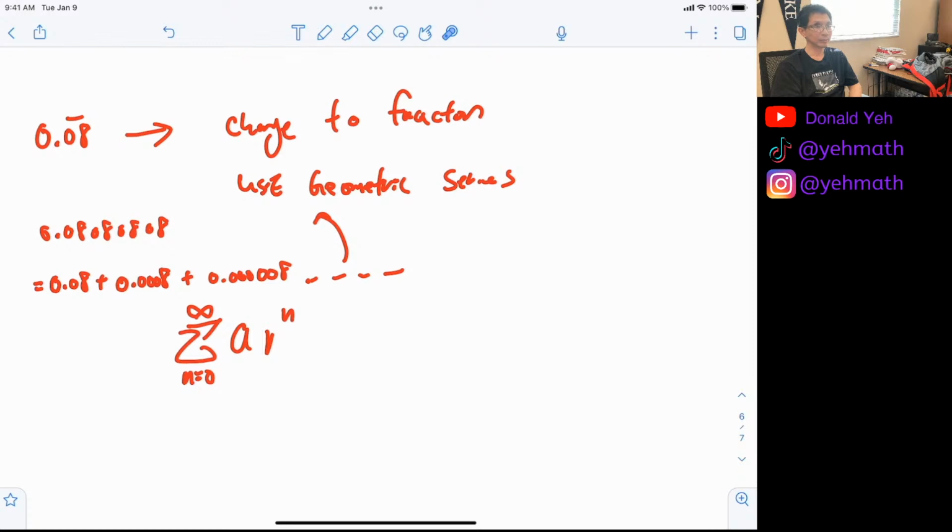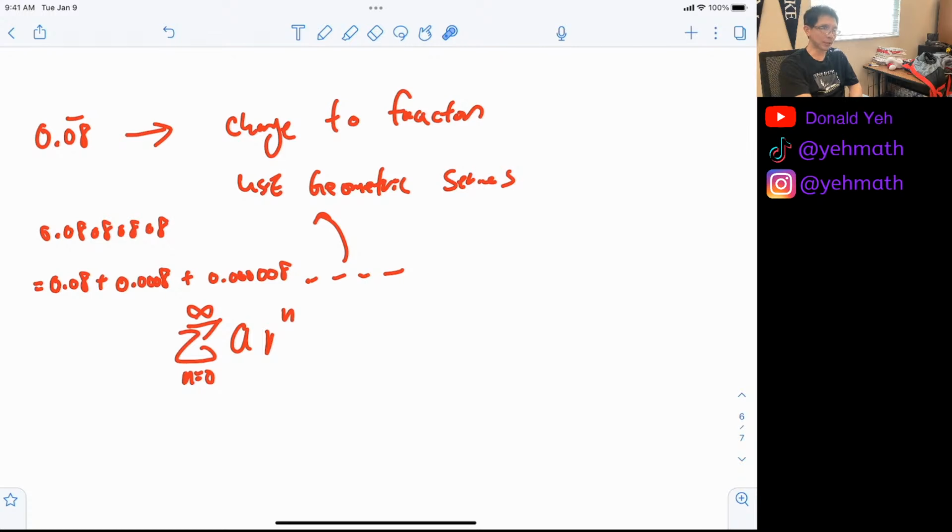And 0.08 is just 8 over 100. So we can do 8 over 100 over 99 over 100. Why is it 99 over 100? Well, isn't it 1 minus r? And r is 1 over 100, right? So it'd be 1 minus 1 over 100.